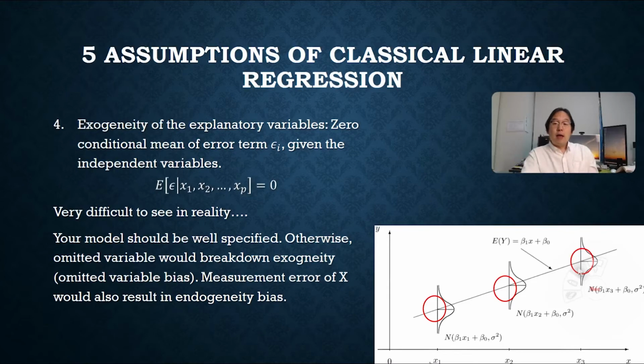Whatever x value is given, given that information about x, the disturbance, whatever is not explained by the regression model, the residual part, given the information of certain x values, those disturbances, those errors, those residuals have to average 0.